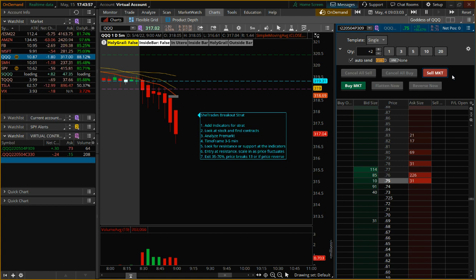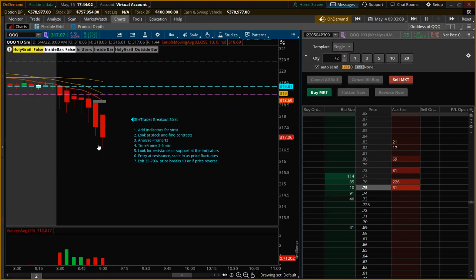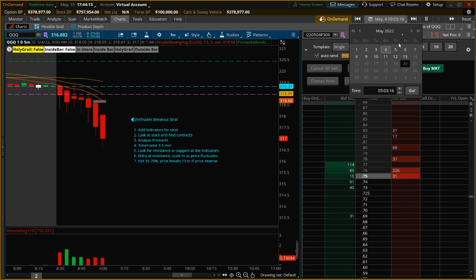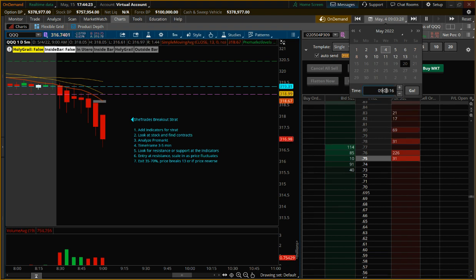So I hope this helps someone. If you want to learn how to day trade using Thinkorswim, just set up an account. It's free, and then use the on-demand button, and you can go here and pick any date that's already passed. You can't day trade on here during market open hours, but you can pick a date in the past, and then just put the time frame like you would put before market open, so you could prepare as if the market was about to open, and then make sure you hit enter.